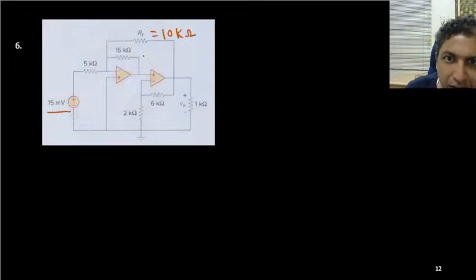So this potential is 0 potential, so this is also 0 volt. Now this potential we don't know, so we need to assign one potential. Suppose it is V1, I am writing.